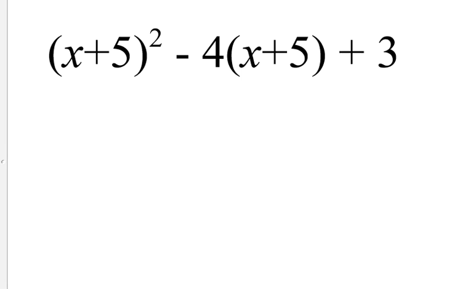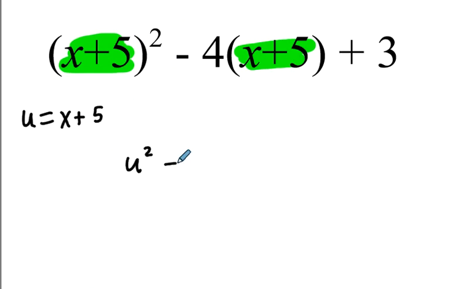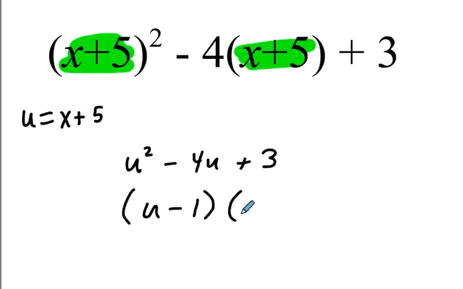Whoa. I'm going to use the strategies we've been practicing. So I'm actually going to use that u strategy again. I'm going to say u is x plus 5. And so everywhere I have this parentheses of x plus 5, I'm going to rewrite it as a u. u squared minus 4u plus 3. Well, that factors to u minus 1 and u minus 3.